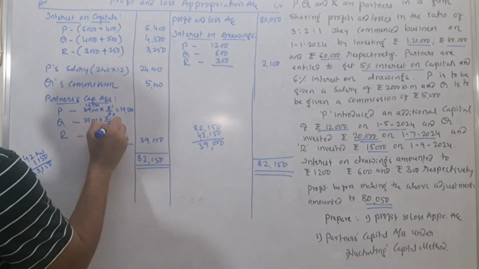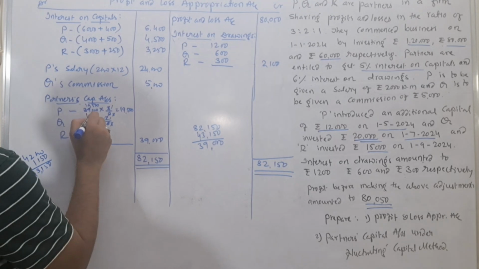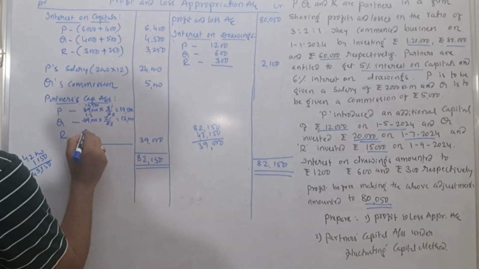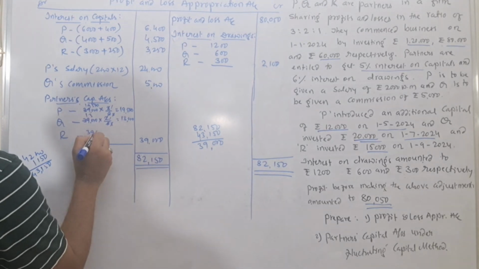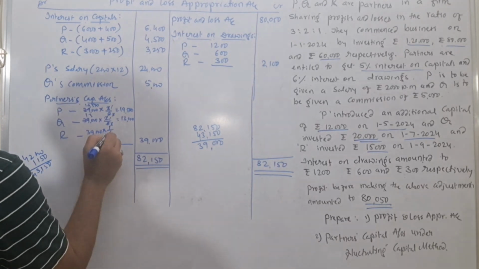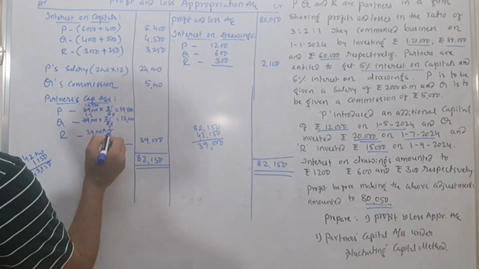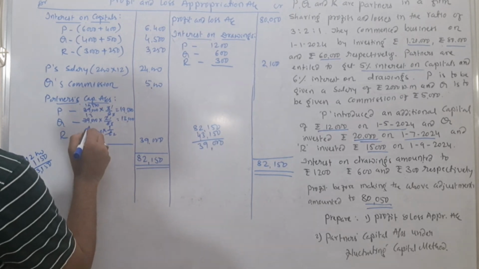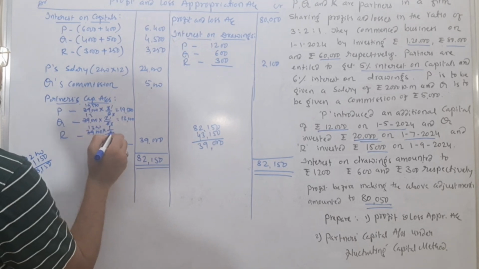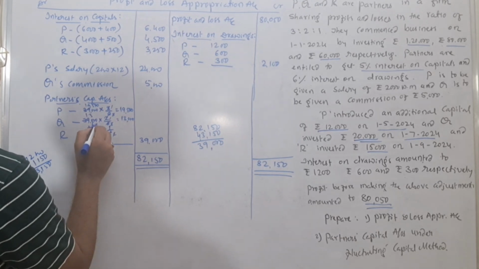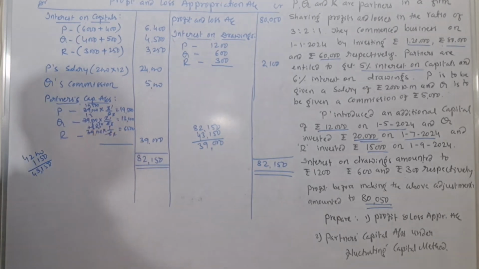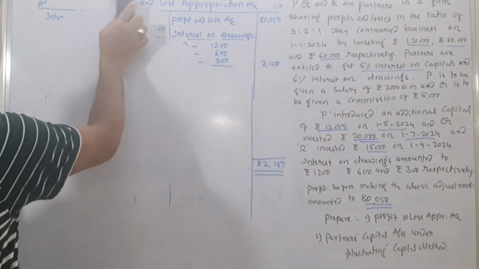Means 2 ones are 2, 3 threes are 9, it comes to rupees 13,000. Next one is, in case of R, his share is 1/6 of this. 6,500.